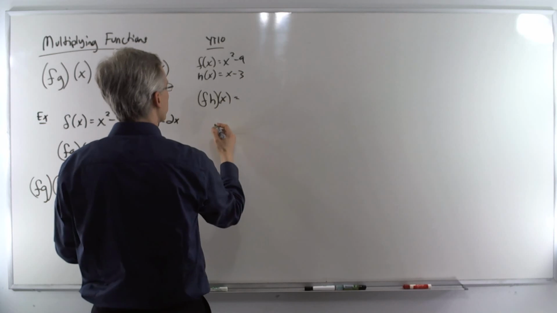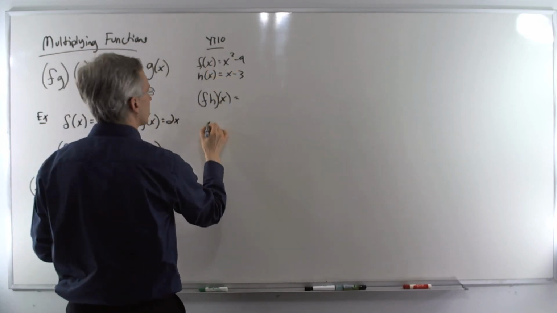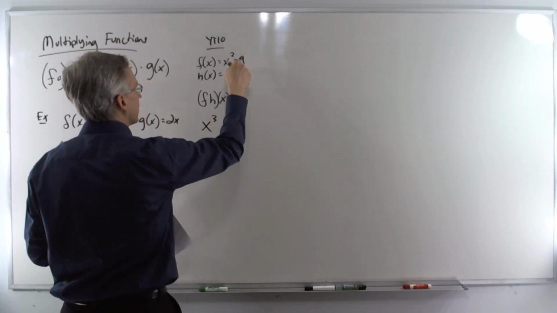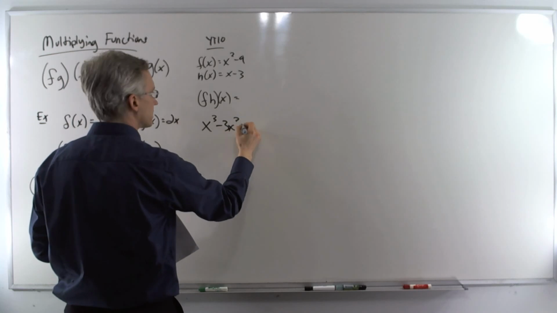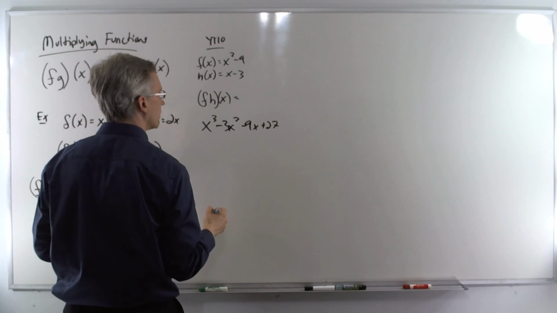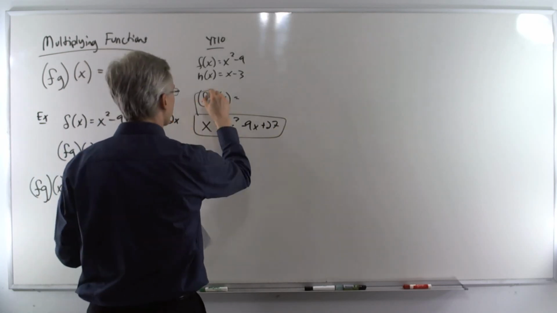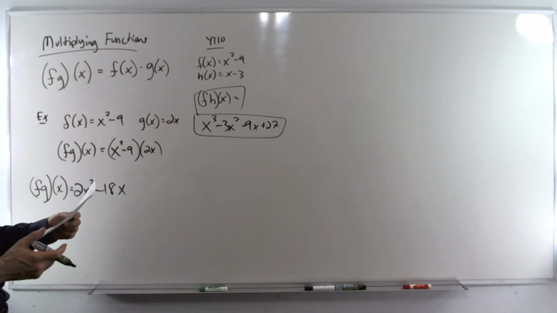So multiply these two together. We're going to FOIL these. Right, first times first. That's x to the third. All right, outside is negative 3x squared. Inside is negative 9x. And outside is plus 27. And no like terms. So there is the combined function f times h of x.